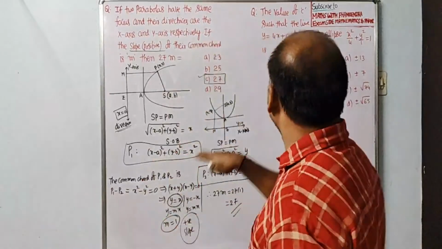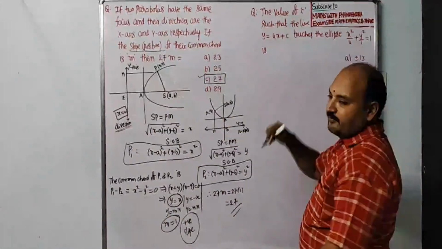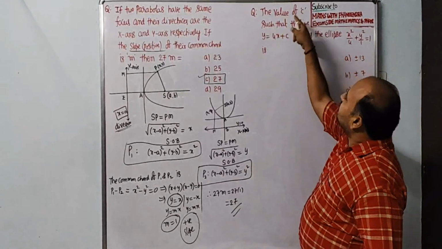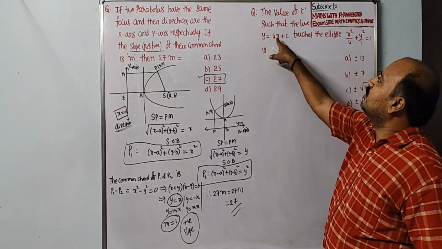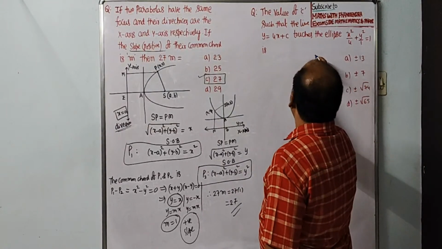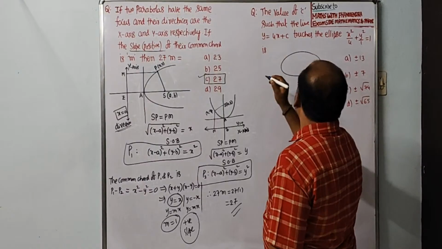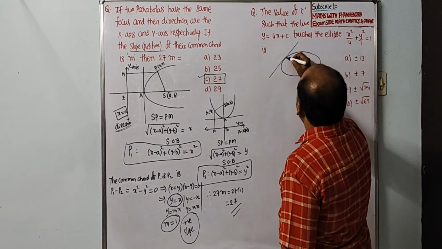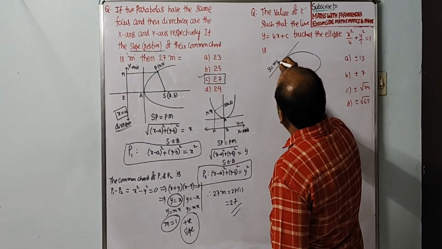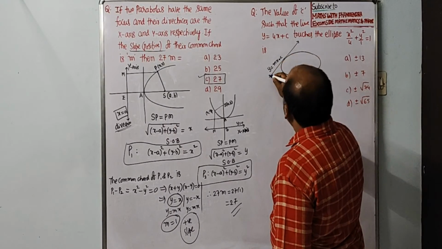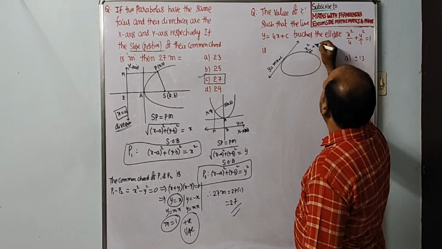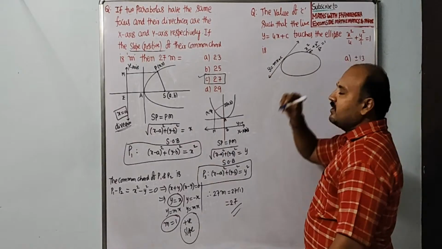Let us go to the next question. This question is related to ellipse. The value of c is such that the line y is equal to 4x plus c touches the ellipse. Here one important property or rule we can use. This is the line y is equal to mx plus c touching the ellipse x square by a square plus y square by b square equal to 1.